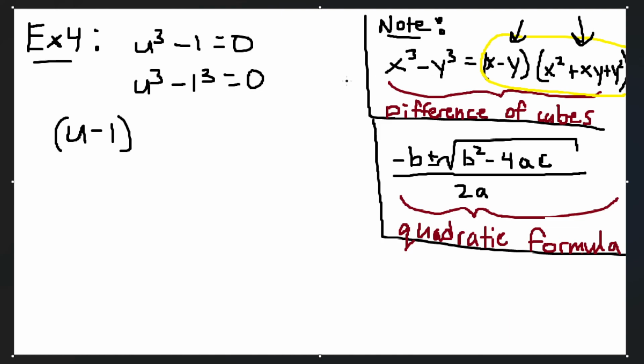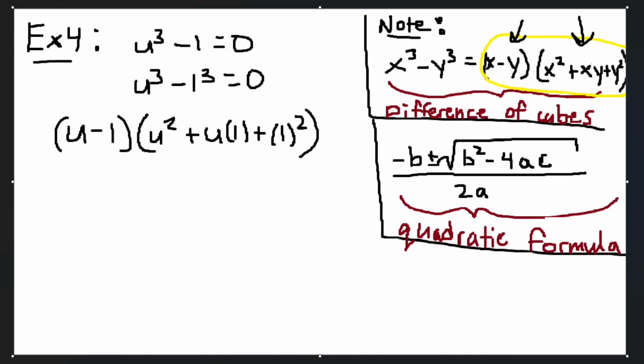Now this part will have in parentheses u squared plus u times 1 plus 1 squared in parentheses.